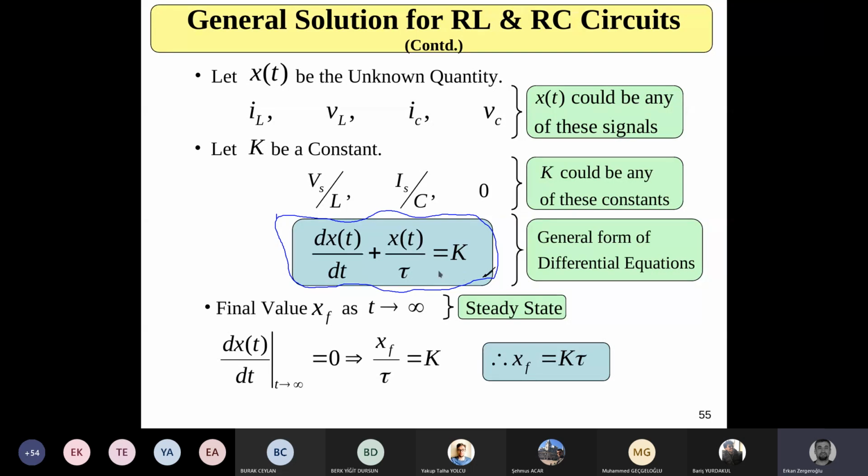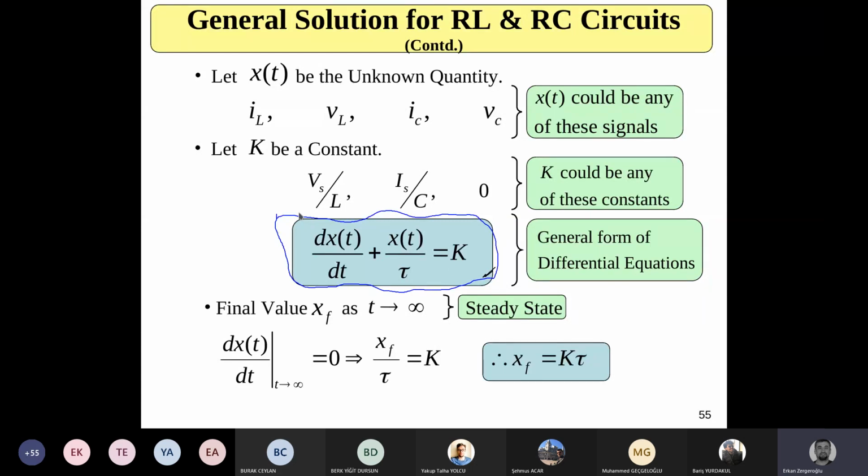The nice thing is that the system we are working on can be described using the initial value of the capacitor voltage or inductor current and the final value of them. So we can solve this differential equation using the initial and final values.